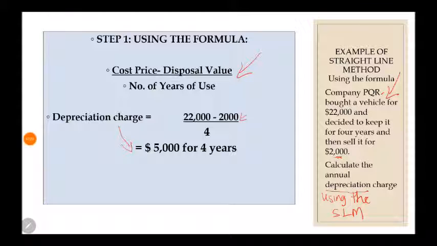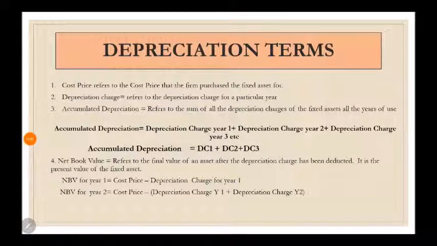So it's 5,000 for year 1, 5,000 for year 2, 5,000 for year 3, and 5,000 for year 4. So each year that vehicle is going to reduce in value by $5,000.